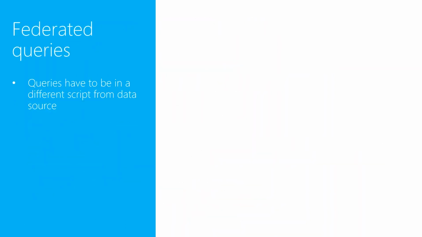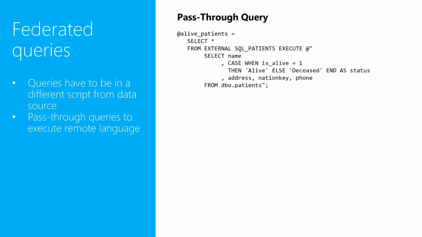So for federated queries, you have to have the scripts in a different script from creating your data sources, but you can create your external tables in the same script. You have the ability to do the pass-through queries, which I didn't show you an example of, except for now, where you basically can say select star from external, similar to the location, except that this time you actually execute a T-SQL query against your remote data source.